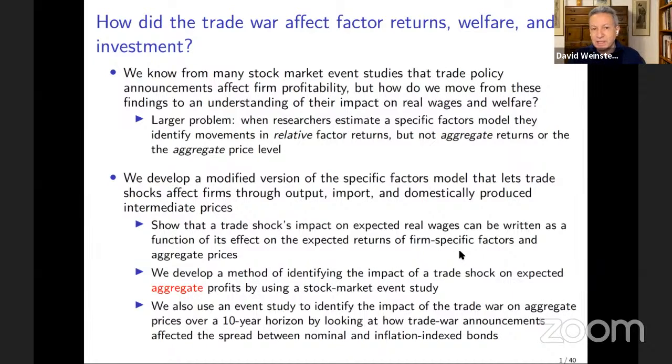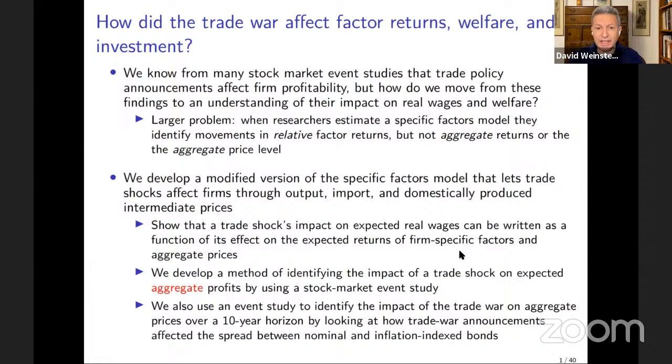So what we're going to do in this paper is develop a modified version of the specific factors model that lets trade shocks affect firms through output, import, and domestically produced intermediate prices.